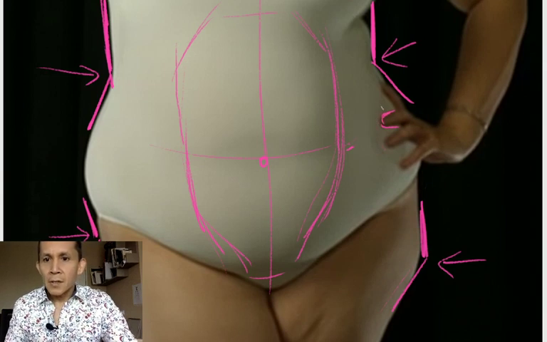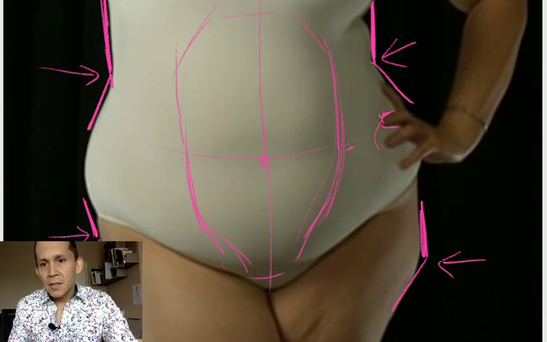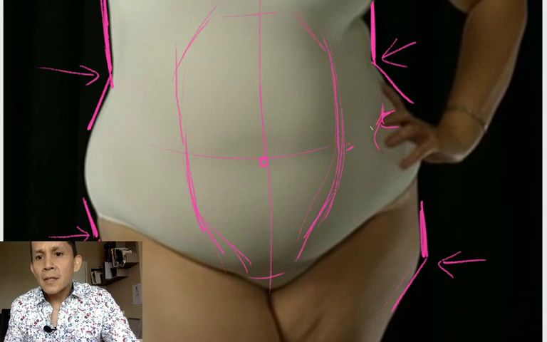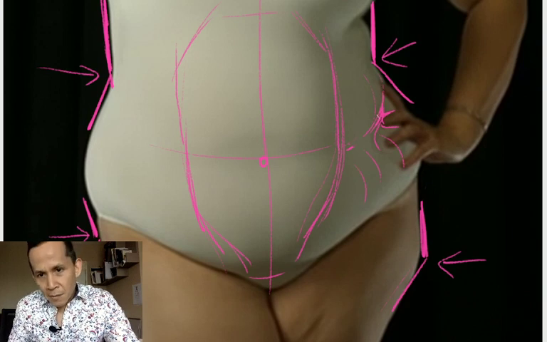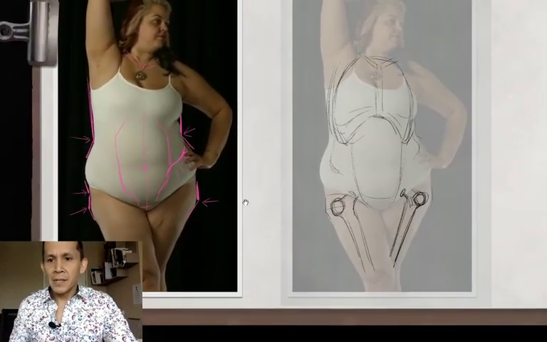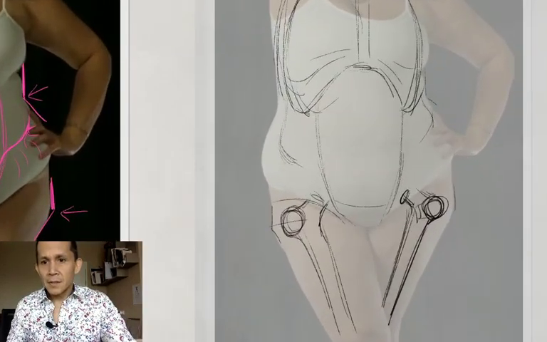Finger is here, shadow shape is here, so I can see that that's an intersection of two forms coming together, so I'm assuming that the oblique is roughly there. The oblique is the muscle. So that's the only clue I have right now.